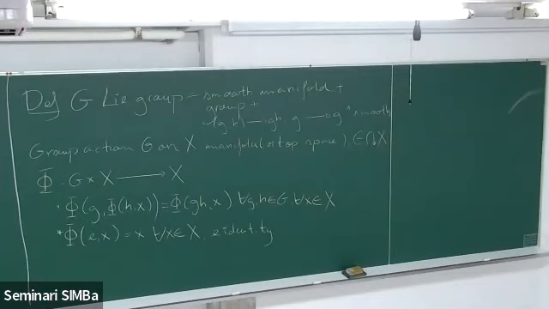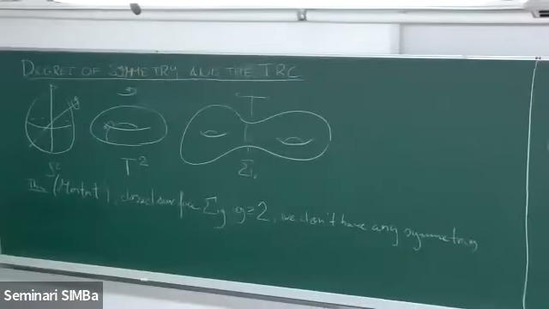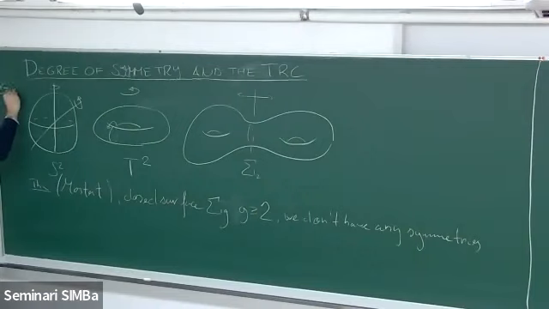For example, in the case of S2, if we take the group G equal to S1, then this rotation is a group action of S1 on S2.